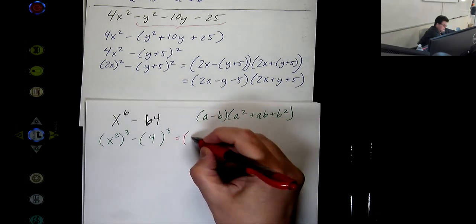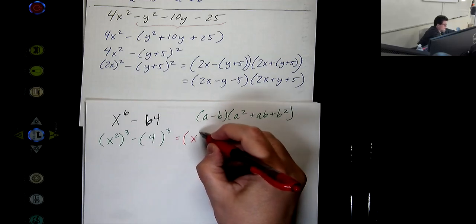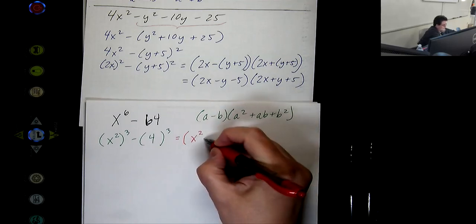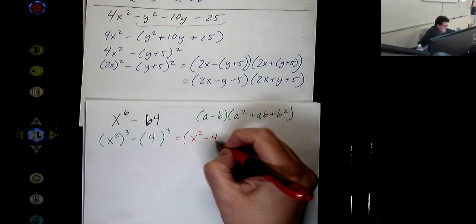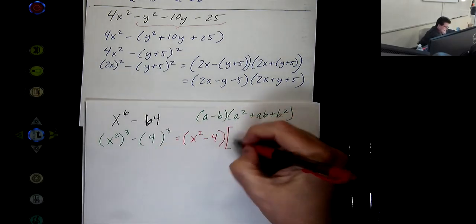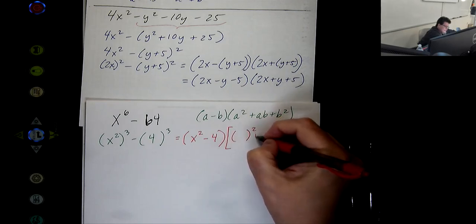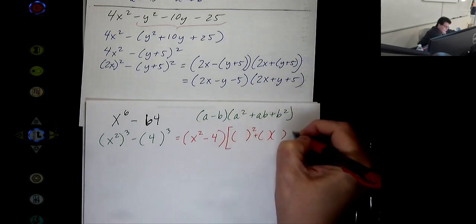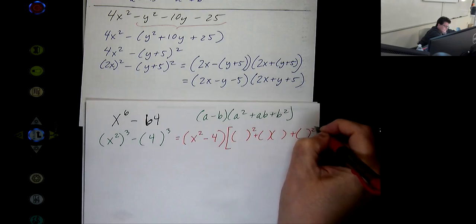This gives me x to the power of 2 minus 4. And then I'm going to use brackets and parentheses on this one, because there's some stuff going on here and I don't want to mess it up.